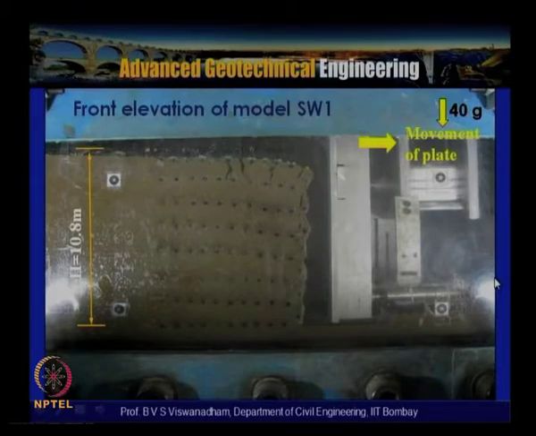So in this particular lecture, what we try to understand is the relevance of centrifuge based physical model testing, and based on that we also look at some selected examples. In this module on geotechnical physical modeling, we have seen how small scale physical model testing, particularly carried out at high gravities, is relevant to many geotechnical problems.